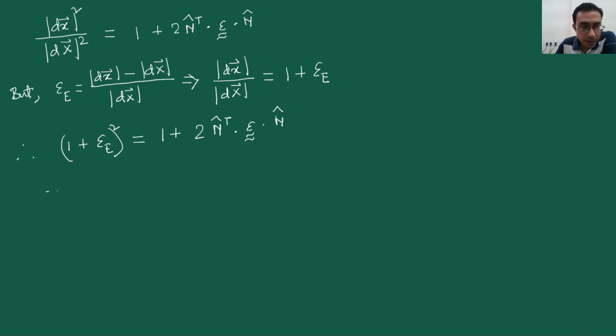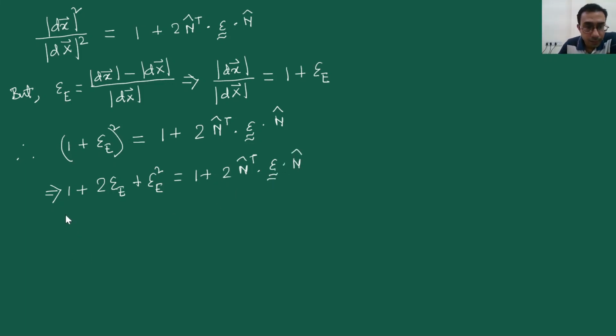Now we are almost done with this derivation. We just have to employ one more trick. So you see, we can expand this very easily like this. Very simple. But overall, we are considering very small deformations.